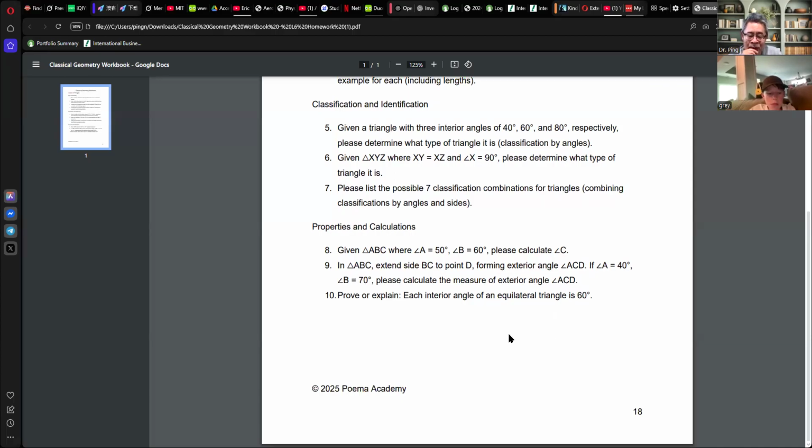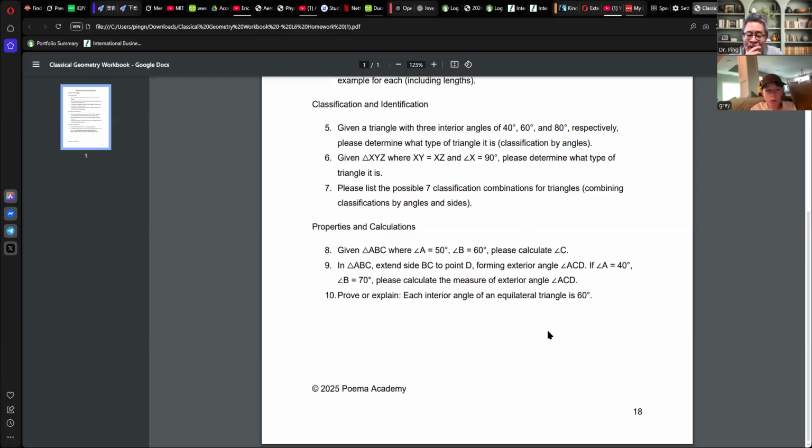Given triangle ABC, where A is equal to 50 and B equal to 60, please calculate C. Yeah, very good. 70.